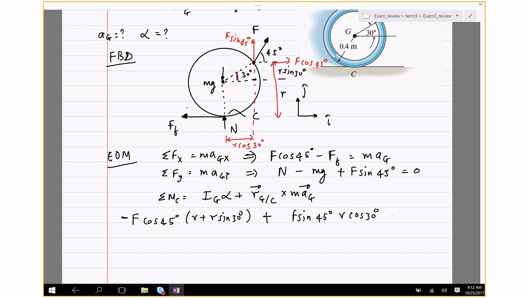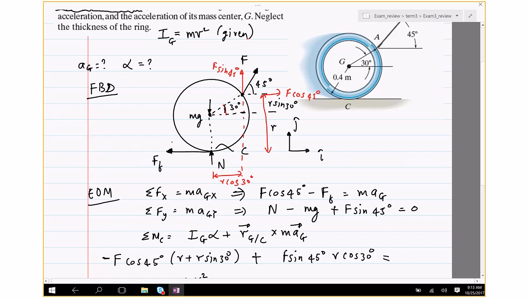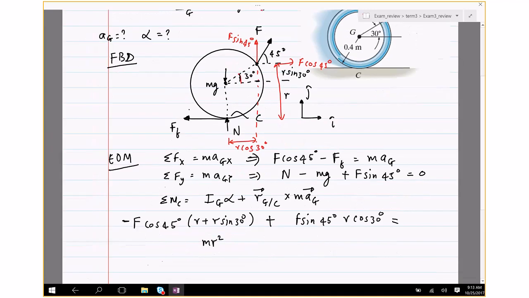Okay, equals Ig alpha. Ig is m r square. It's given to me. Alpha is the acceleration in the clockwise direction, right? So we have an option. We can assume either alpha to be counterclockwise, and then the math will tell us the right sign.